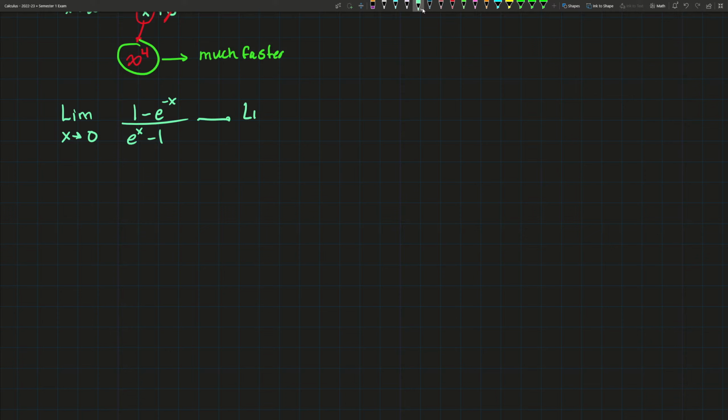So this is really going to be the limit. I'm just going to keep rewriting it until it's really easy to deal with. 1 minus e to the negative x is really 1 minus 1 over e to the x. We have a negative exponent, so it's dropping down to the denominator. So now we have this.